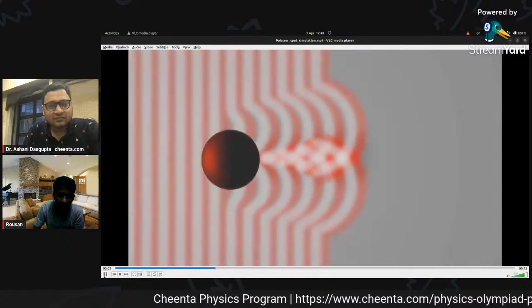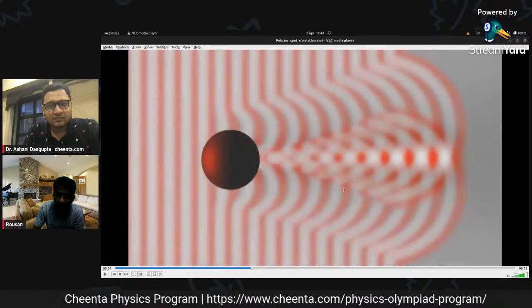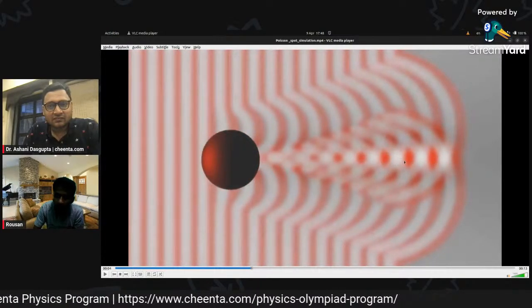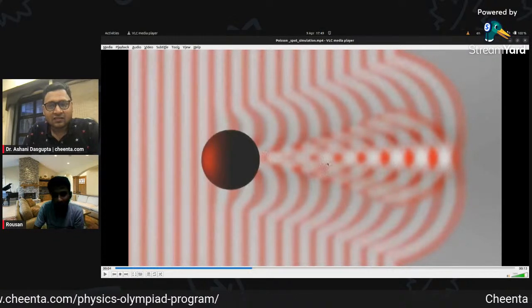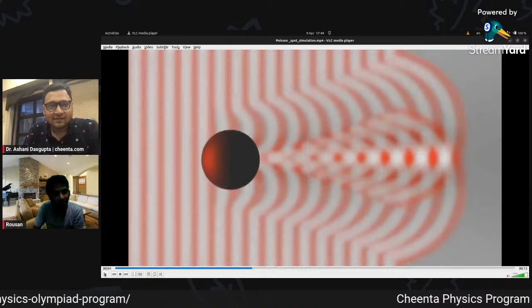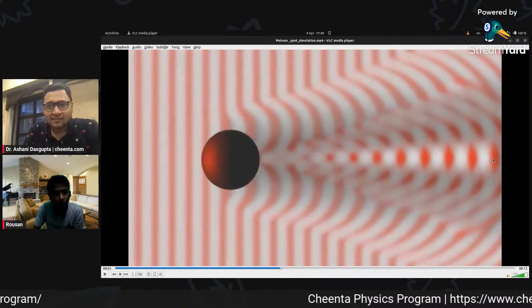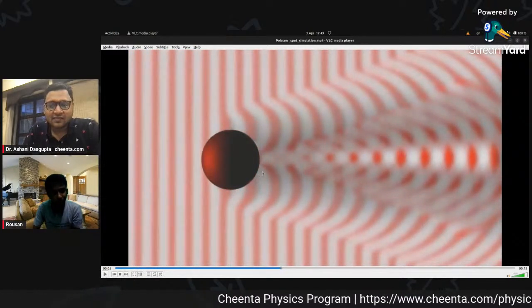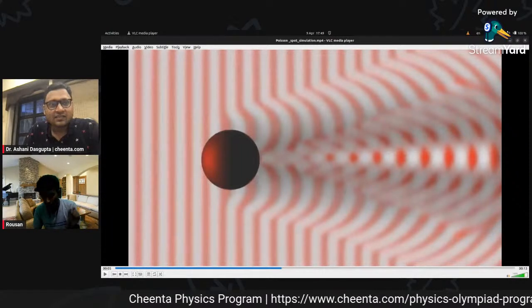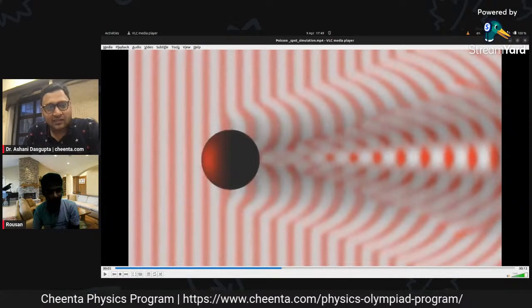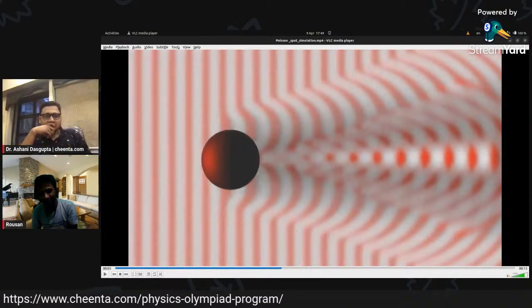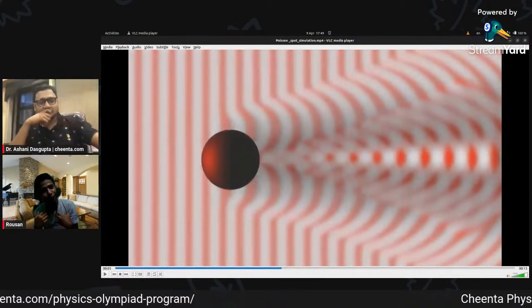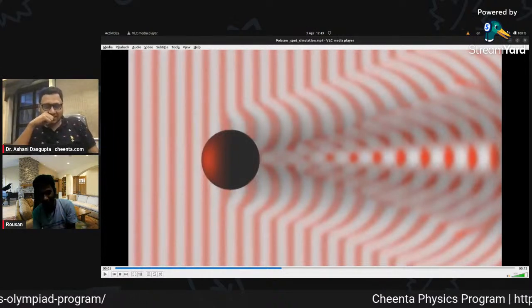And you see, due to this bending, this region seems like it will get brighter, right? And it is strange. It should not be the case, but if light is a wave, this should be the case. I mean, it is pretty much counterintuitive.